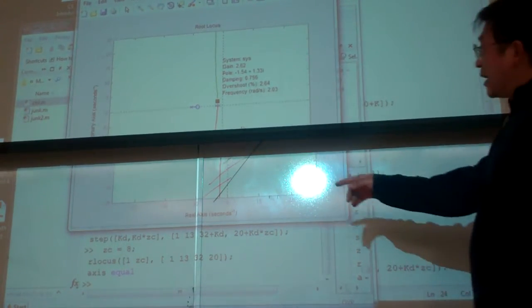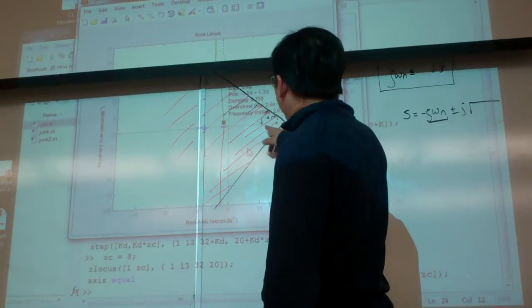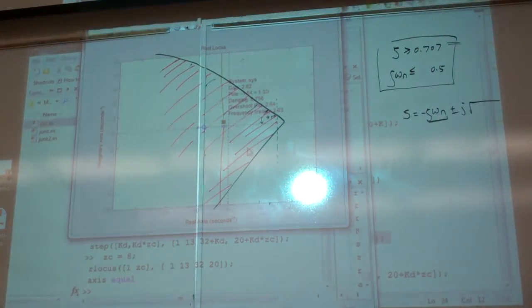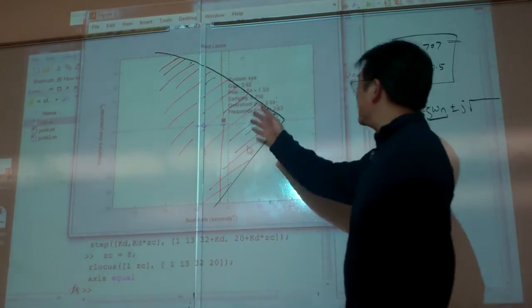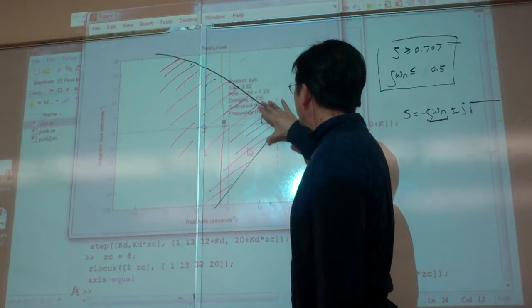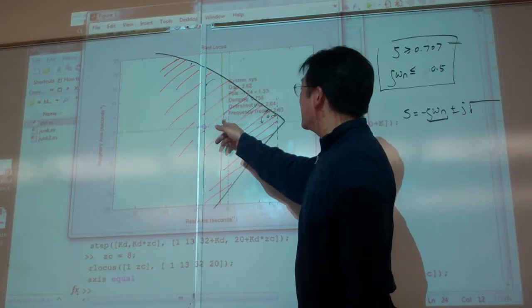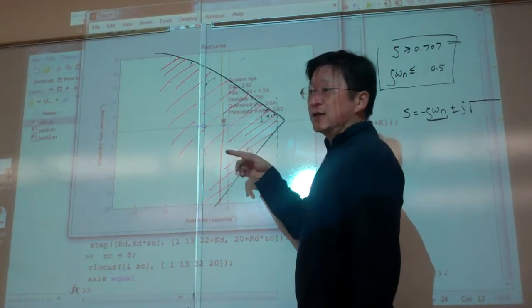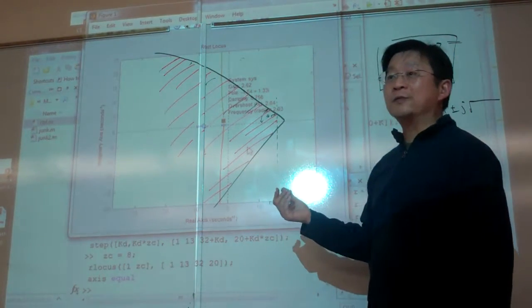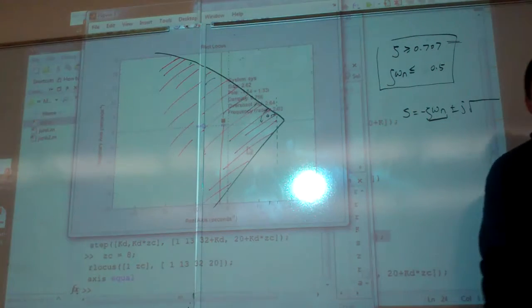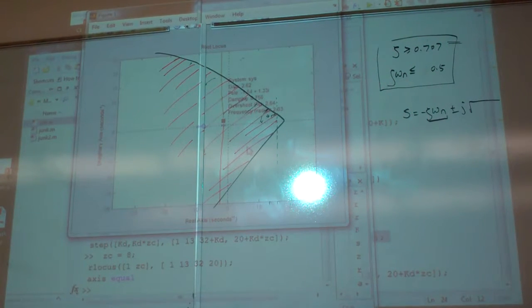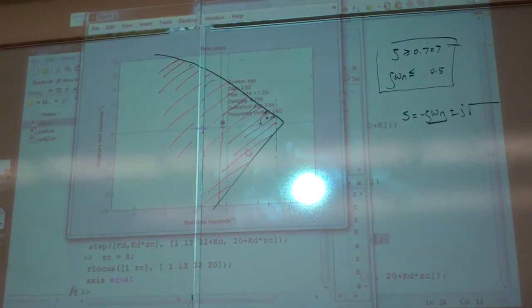So for these options, let me shift this desired region to overlap with this one. If this one falls into this domain, then that could be a good option. Then we check the unit step response to see what happens there.